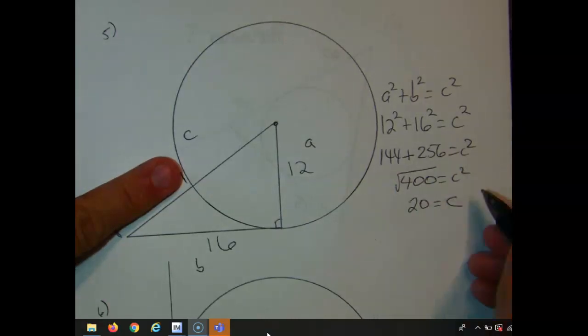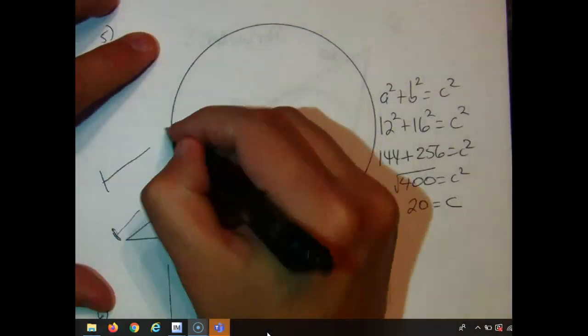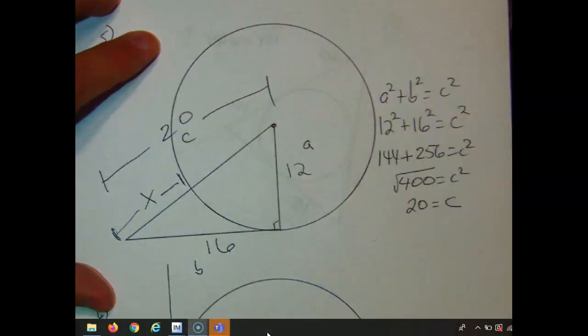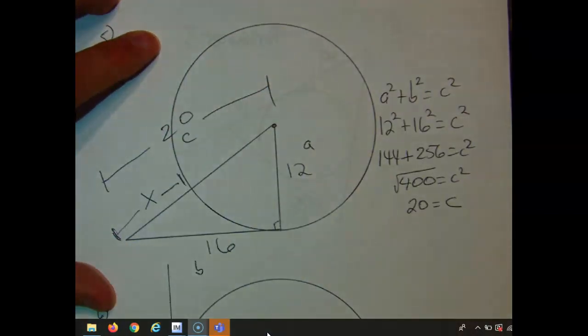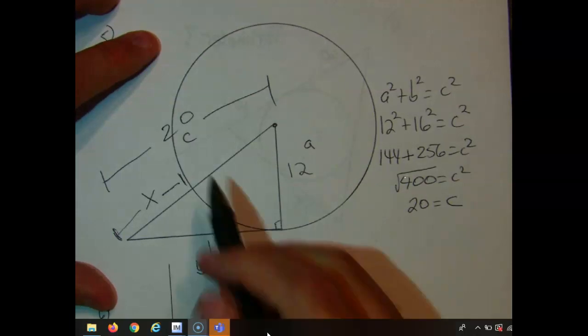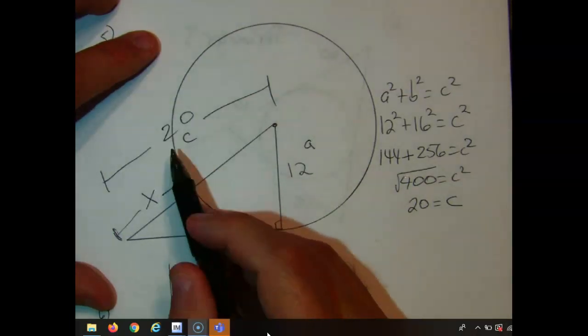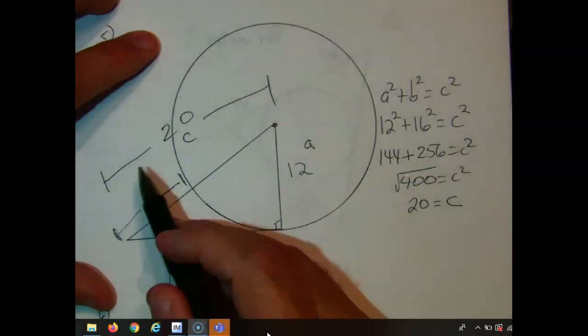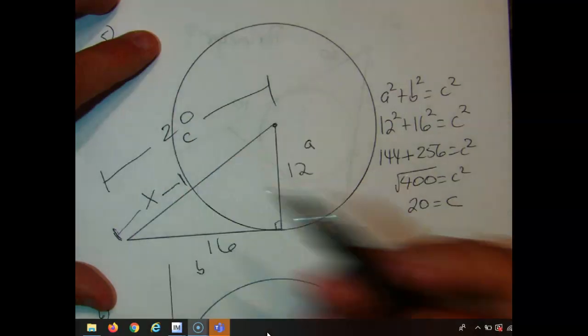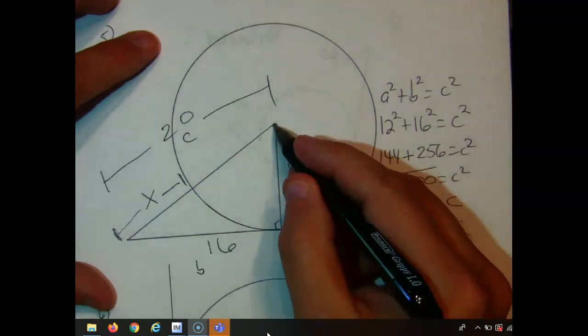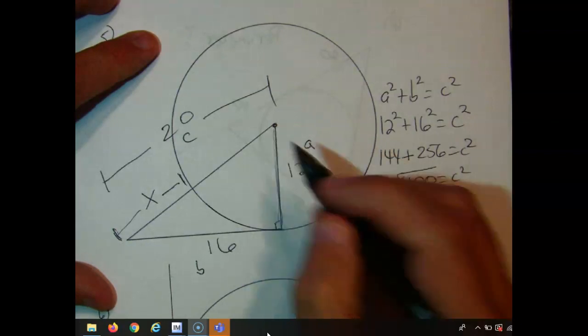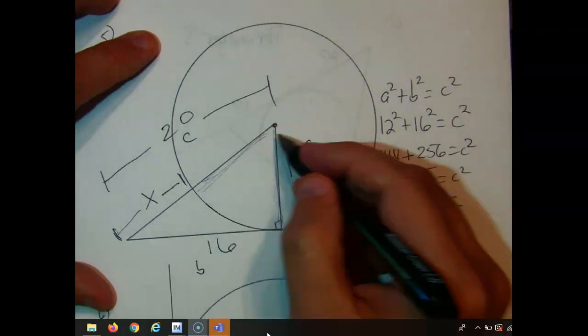Now what is 20? 20 is this hypotenuse. Of course I don't want that. I want x. Now how are we going to get x if this whole thing is 20? I need another number. Well, the radius remains the same no matter where you go on the circle.